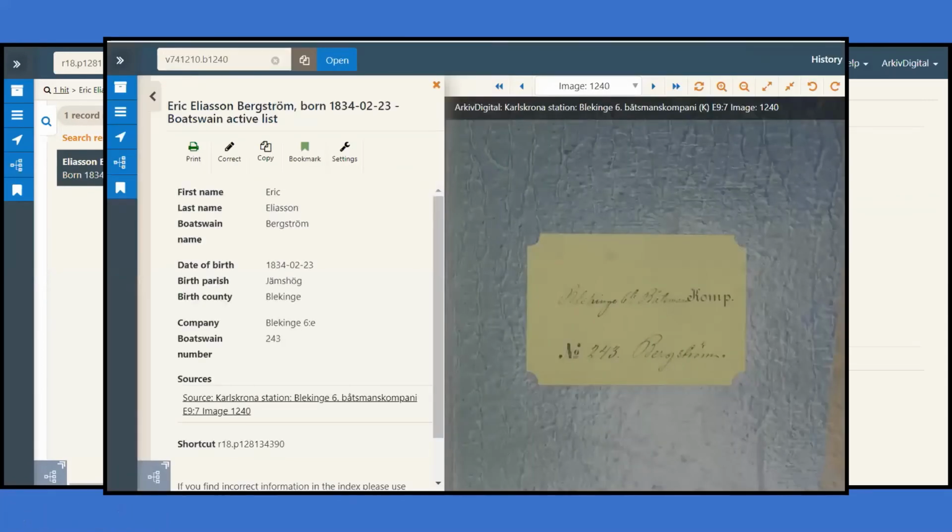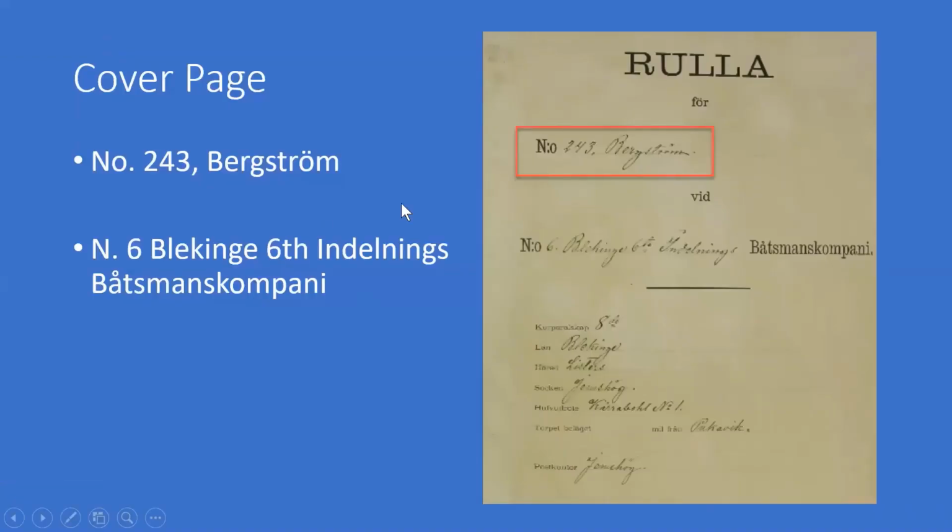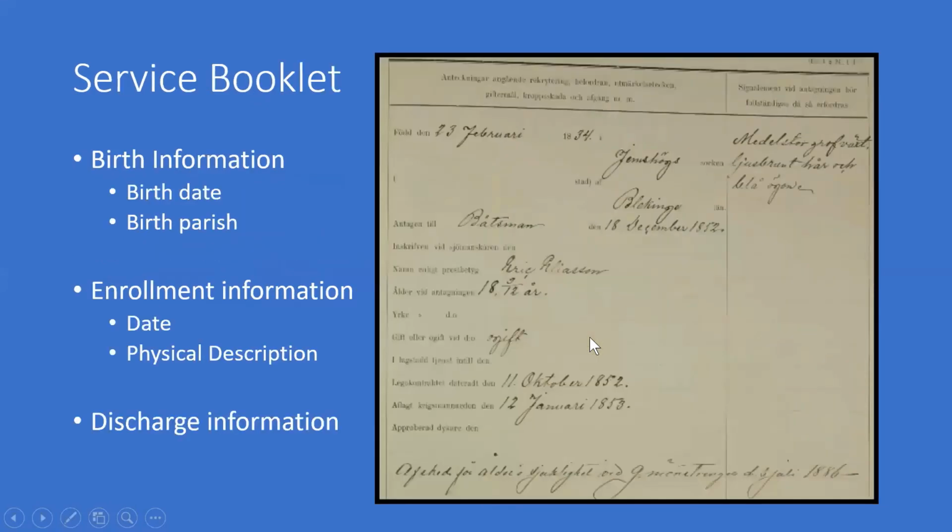So this is a regular booklet, and the cover page has the boatsman number, the military name, the name of the company. And then the first page is sort of a summary of his service career. It has his birth information, such as birth date and birth parish, the date that he enrolled. Also, there's a physical description and also discharge information.